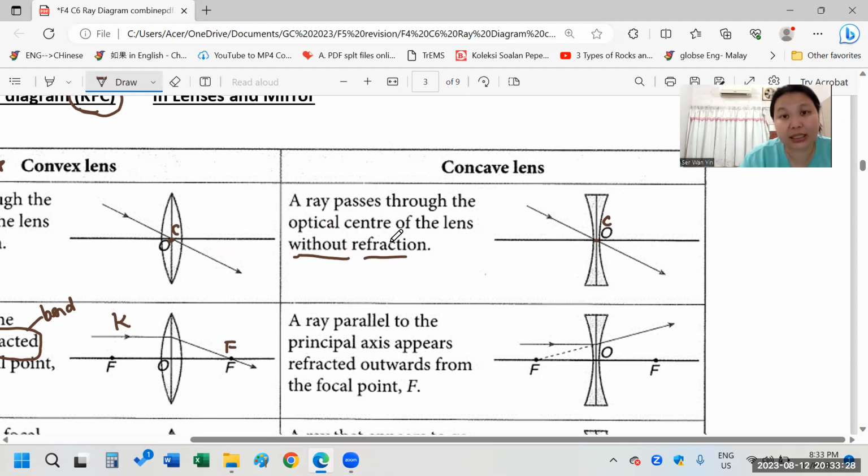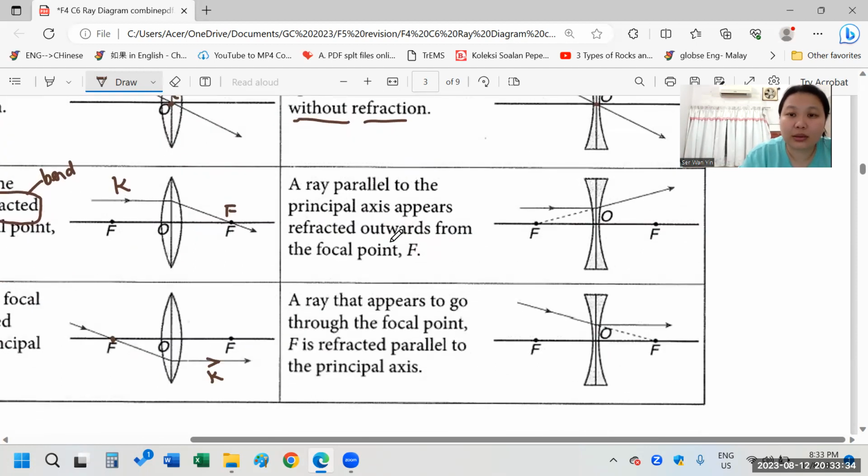Refract means bending. Right, so next one, when the ray is parallel to the principal axis, it appears refracted outwards. Kotak is the light ray parallel to the principal axis.